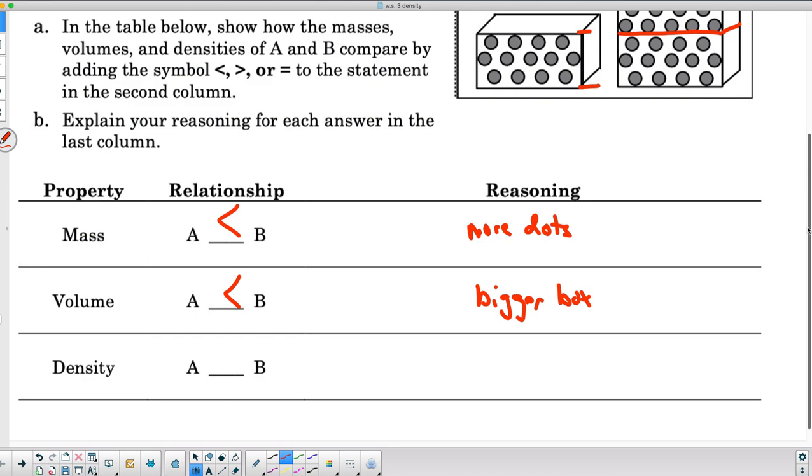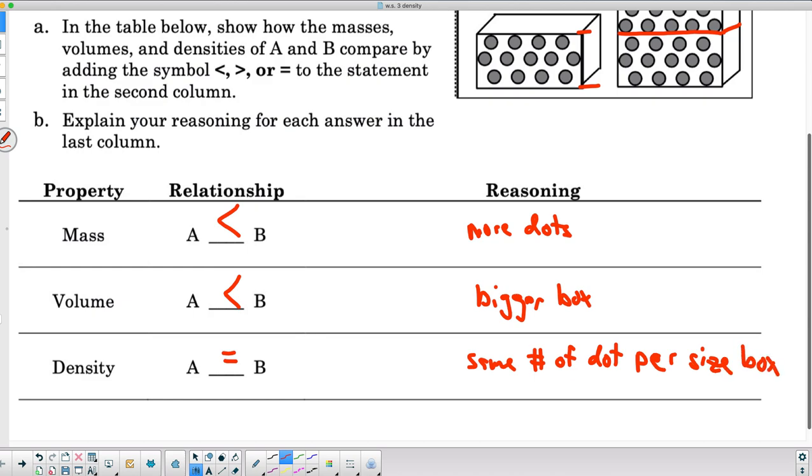So if we cancel the extra amount of box size with the extra number of dots, we end up with A and B having the same amount of dots per size. So that means that A and B are equal in density. And I would say same number of dots per size box for both A and B.